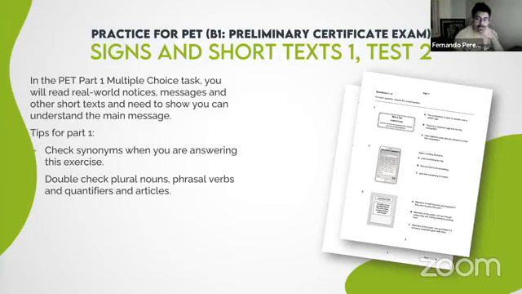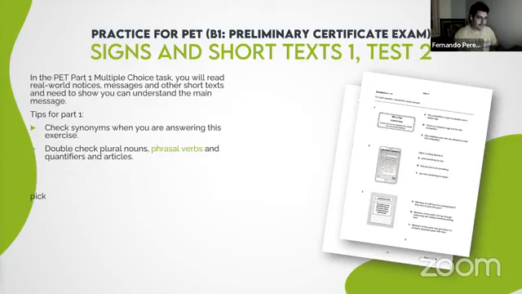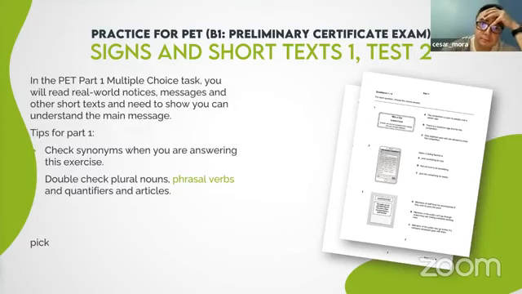That's right. In this exercise, there are a lot of phrasal verbs. What is a phrasal verb? A phrasal verb is a verb that doesn't match the Spanish. A verb that is not translated directly. An example of a phrasal verb is the difference between pick versus pick up. What is pick?